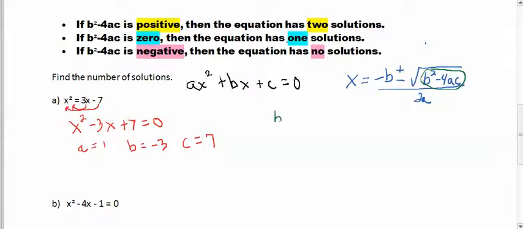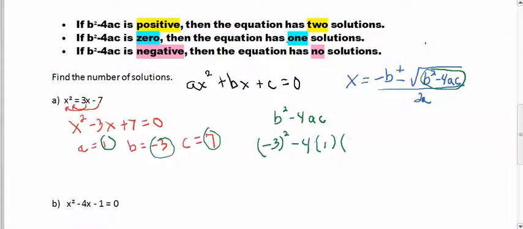So I've got b squared minus 4ac. I take my b, which is -3, and I square that. Minus 4, and my a is 1, and my c is 7. Now we're going to do the math.